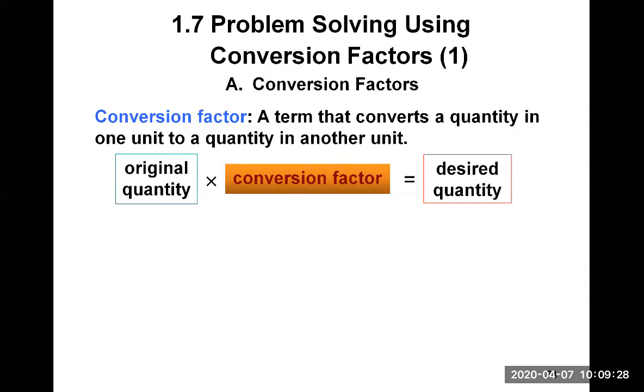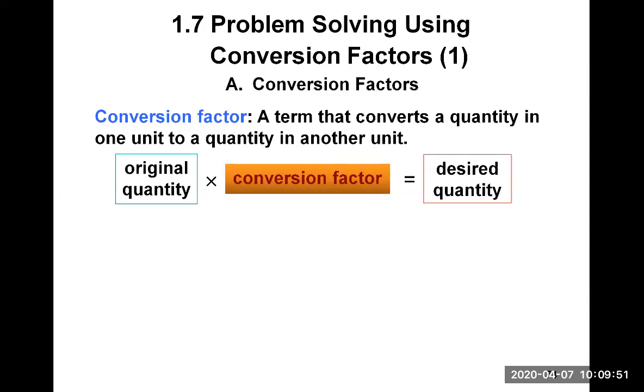The only thing we do to the measurement is change the unit in which it is expressed. It does not change the measurement value per se, but it changes the expression into another unit. It's the same quantity expressed in a different unit.